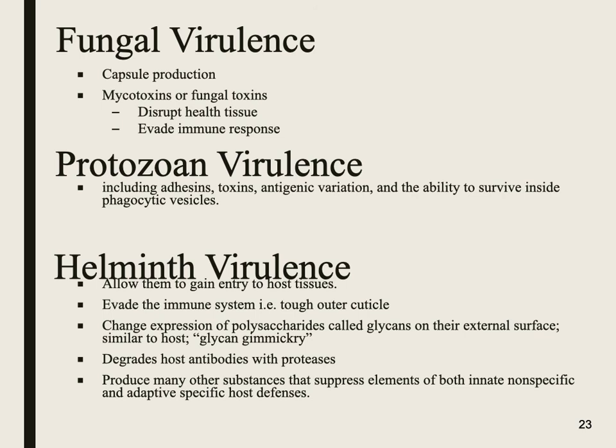So they're not affected. They can have an effect on cells that produce mucus, so the goblet cells also. So it actually gives them protection against the immune response. And again, they can produce other substances that are going to suppress both innate and adaptive immune defense.